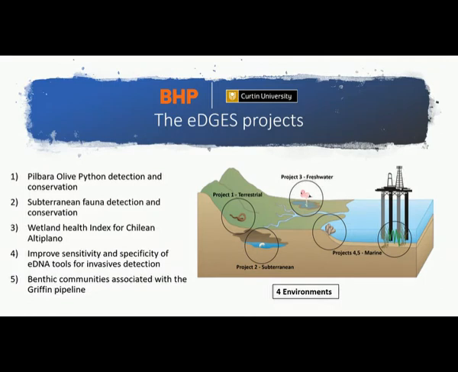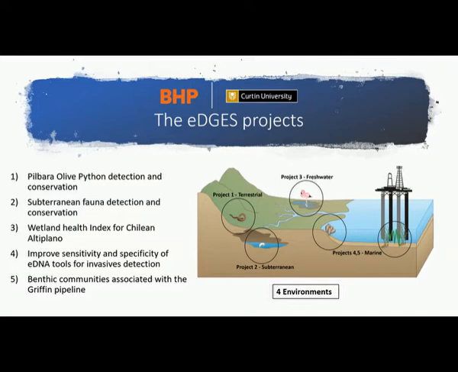As mentioned, the program consists of 5 different sub-projects, covering essentially 4 environments. We have terrestrial, freshwater, marine, subterranean. So really expanding across different environments using this eDNA technology. The 5 projects are a project on the Pilbara olive python for detection and conservation applications.